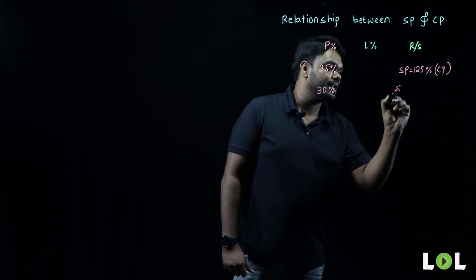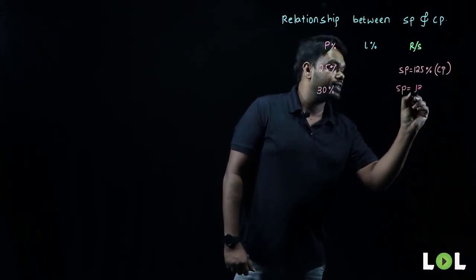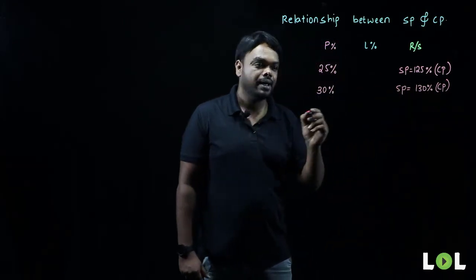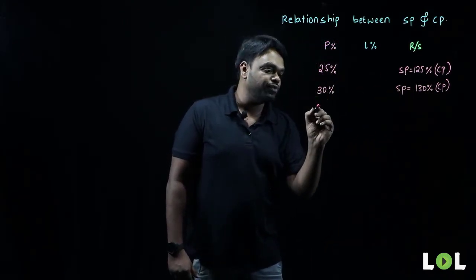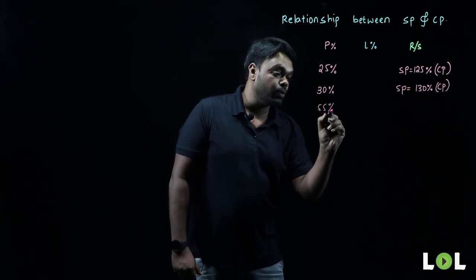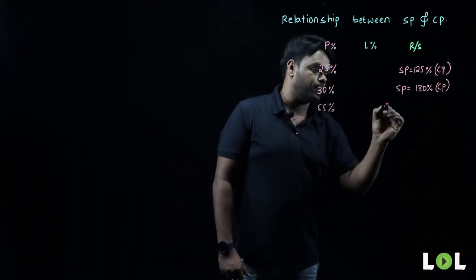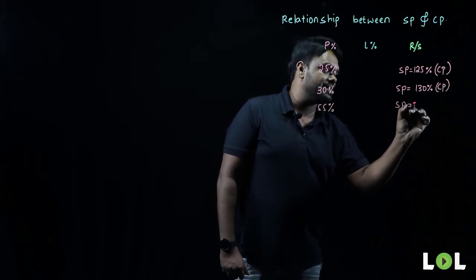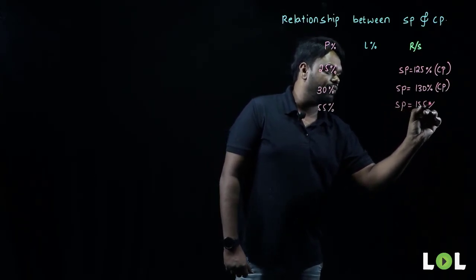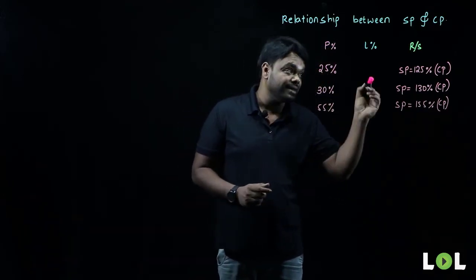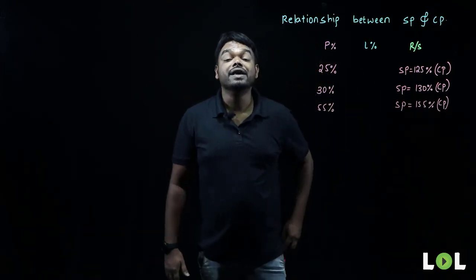Selling price is equal to 130% of cost price. Another example, if I say profit is 55%, then what should be the relationship? Selling price is 55% more than the cost price, so I can write selling price is equal to 155% of cost price. So this is how we write the relationship whenever there is a profit.